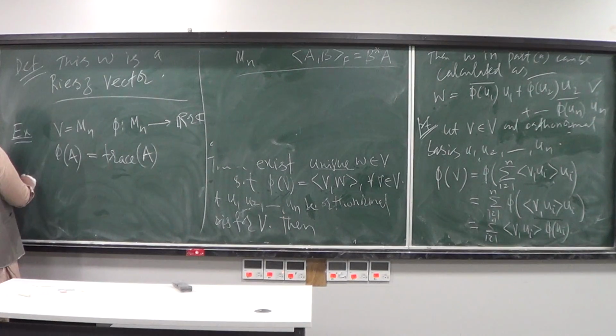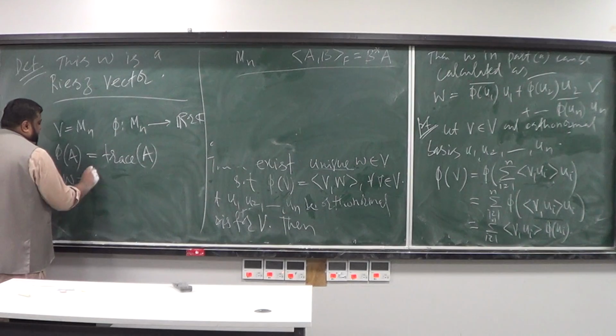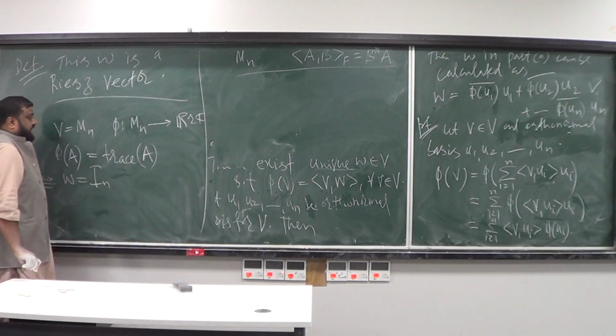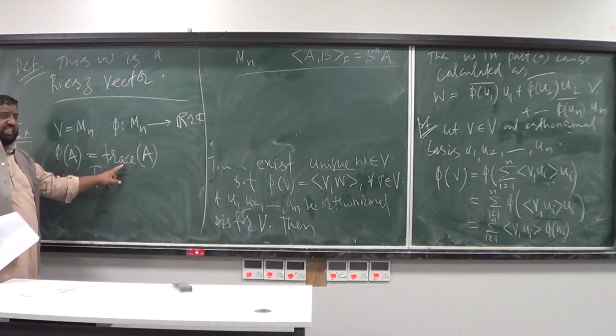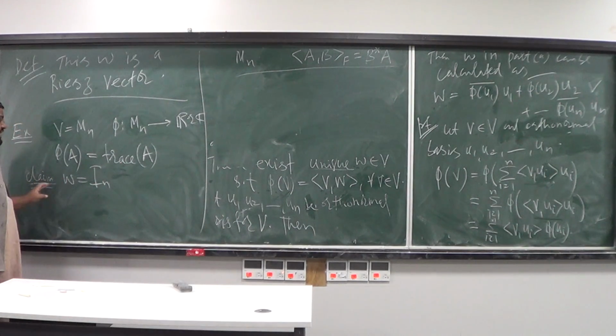Now, my claim is that the Riesz vector here is the identity matrix. For this trace functional, the Riesz vector is the identity matrix. How?